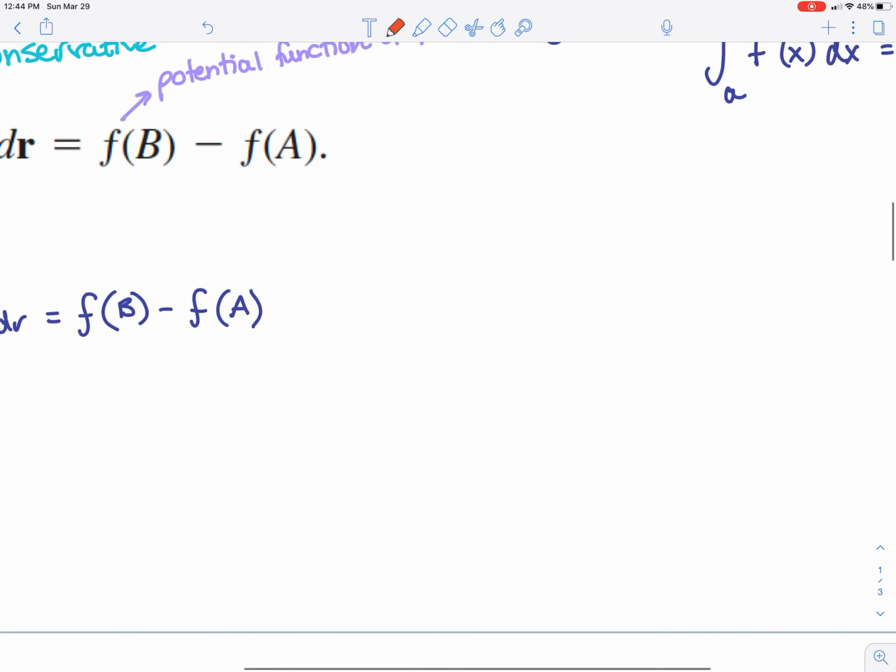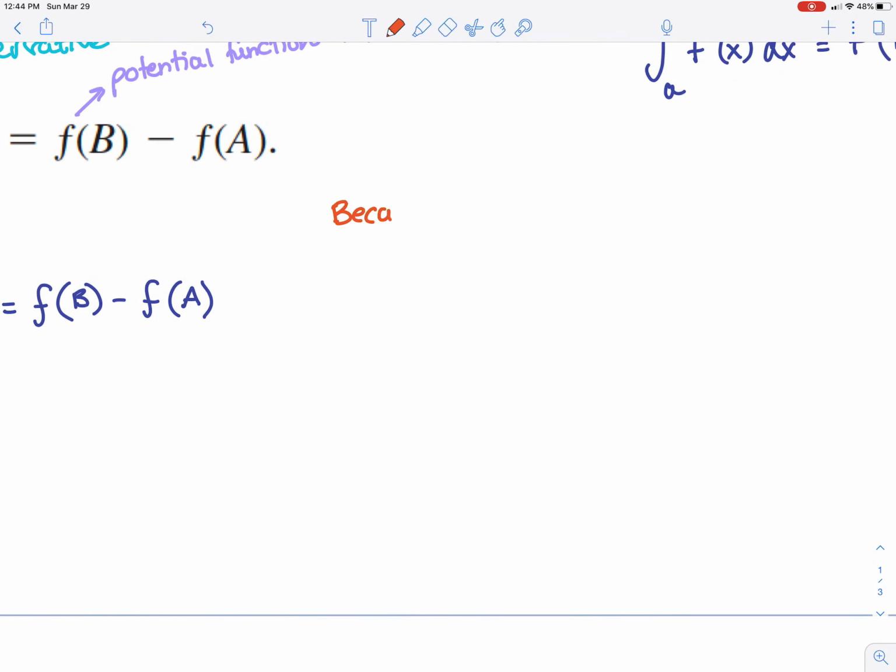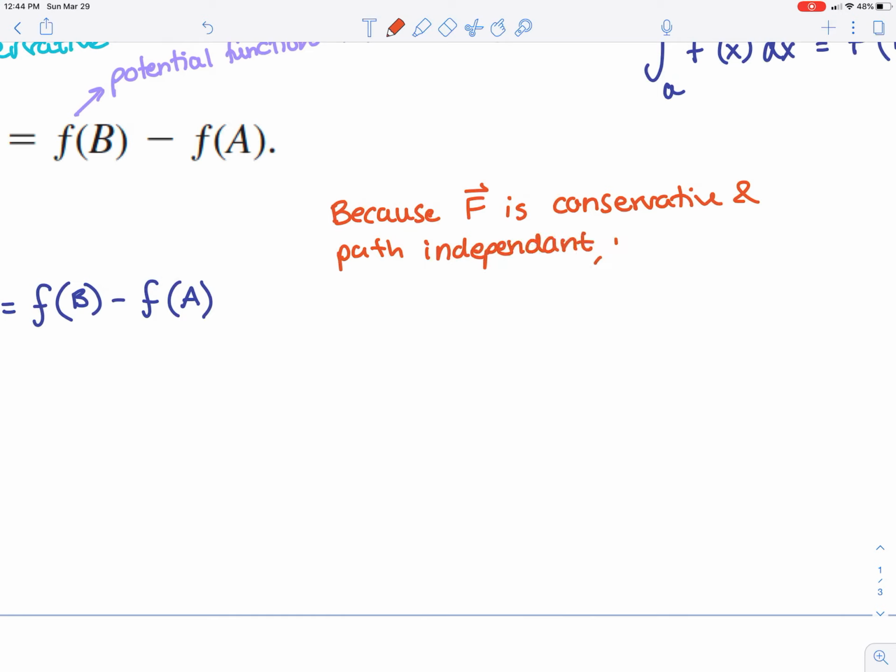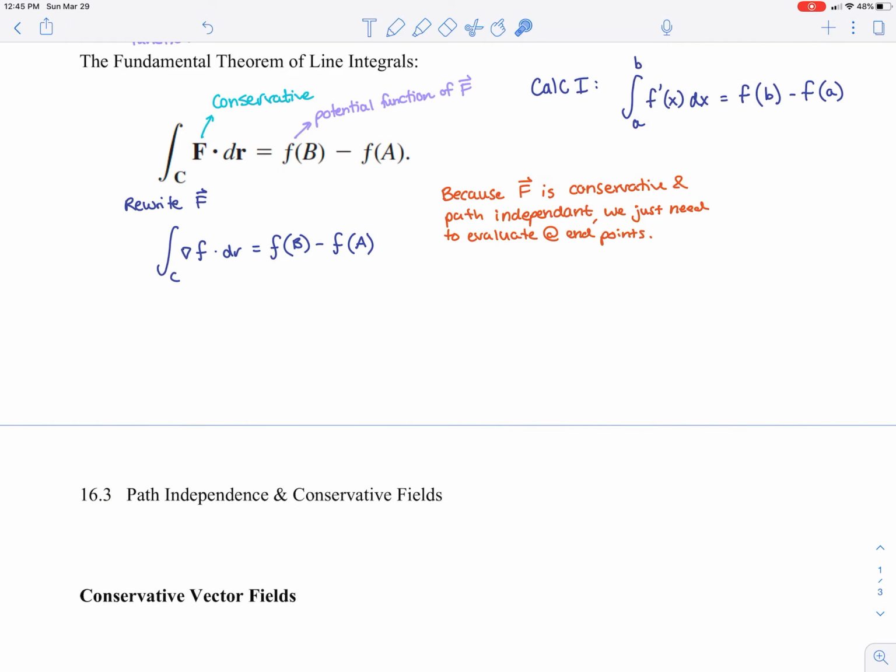Because f is conservative and path independent, those go together, we just need to evaluate at the endpoints. It doesn't matter what our path C is.